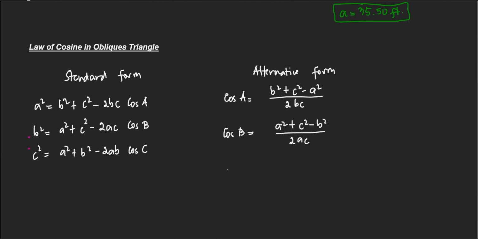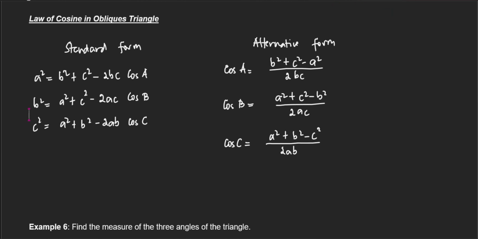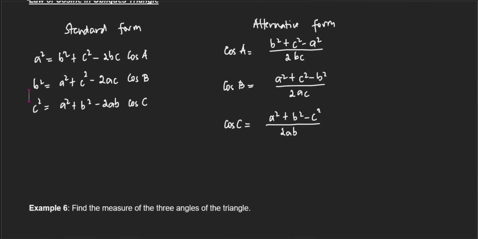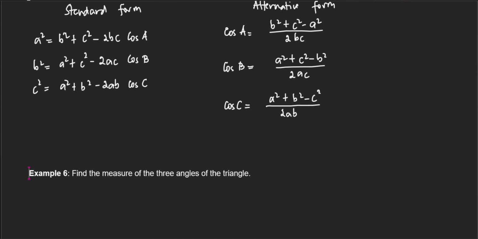Okay, next, the last one, cosine c, a squared plus b squared minus c squared all over 2ab. So, ito yung mga formula na kailangan mo i-familiarize when it comes to solving oblique triangle under law of cosine.